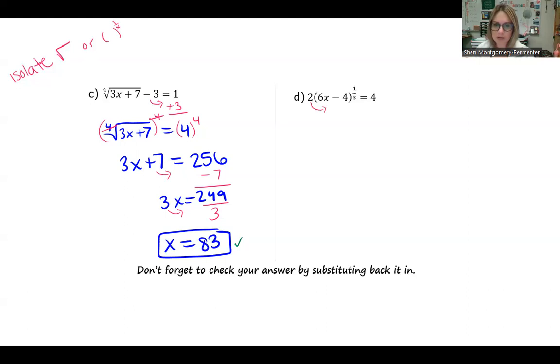So I'm multiplying by 2. So what will I do? Y'all are good. So I'm left with 6x minus 4, all of that to the ugly 1/3 power. 4 divided by 2 is 2. Now I have the rational exponent all by itself. So what do I do?